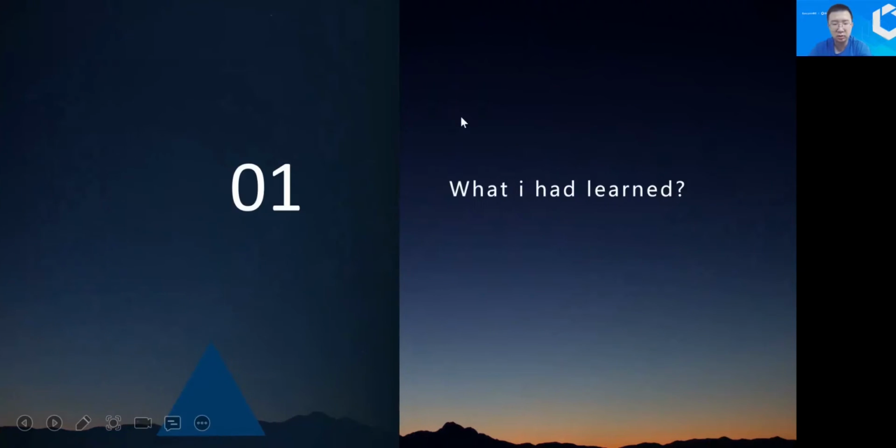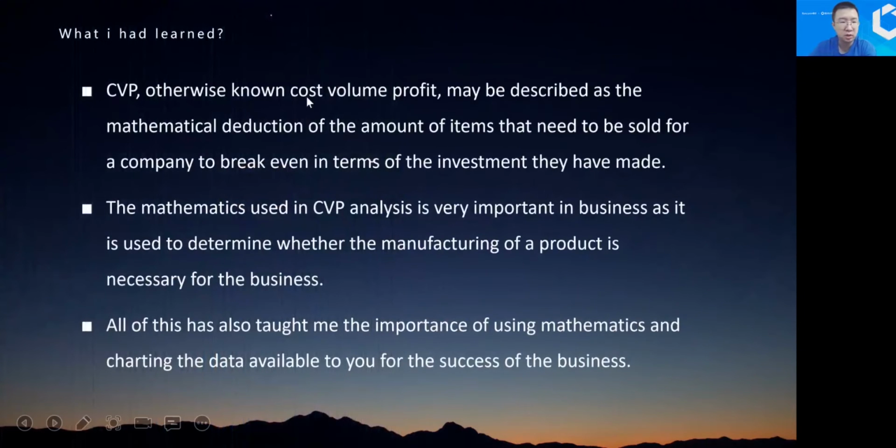So I will begin with what I had learned. What I had learned in this subject, CVP, otherwise known as cost volume profit, may be described as the mathematical deduction of the amount of items that need to be sold for the company to break even on the investment they have made.